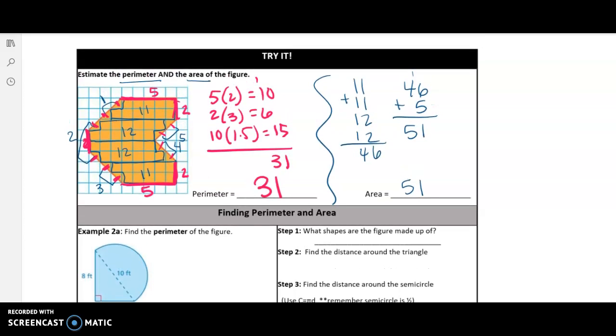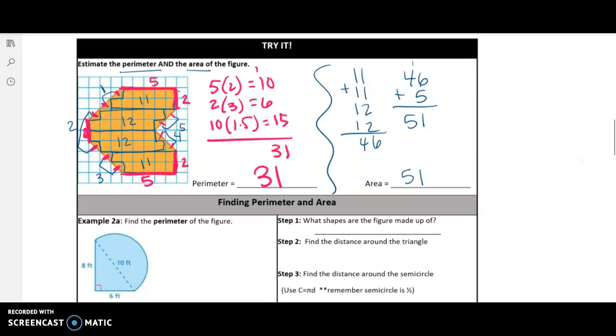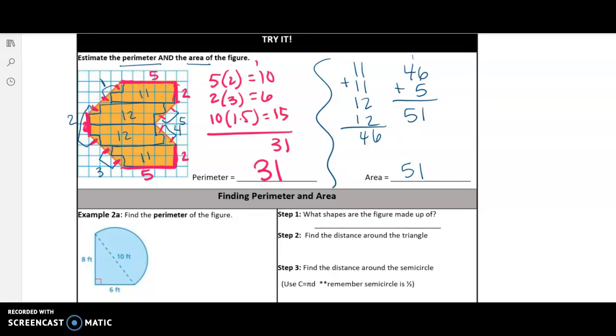In blue, you can see where I tried to estimate my area. So I kind of cut it in sections. So I had 2 sets of 11 and 2 sets of 12. So I added those together and got 46. And then I went around counterclockwise, and I called these two 1. These two made another full square.